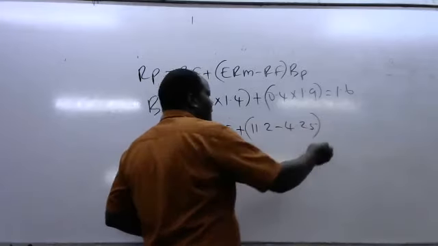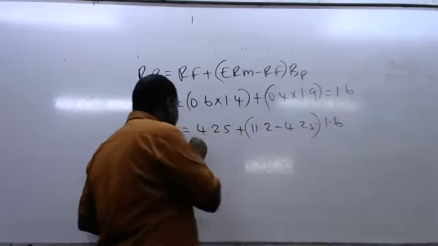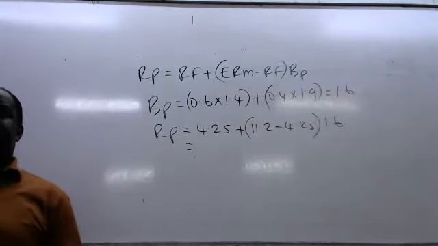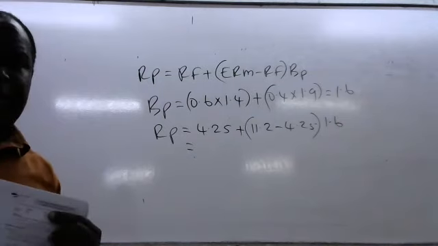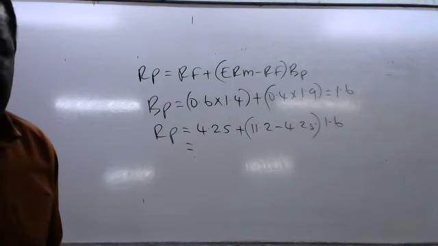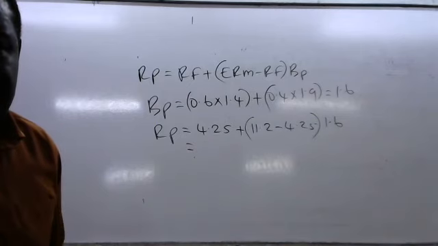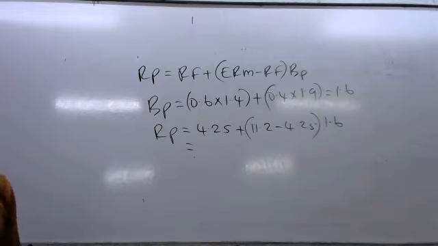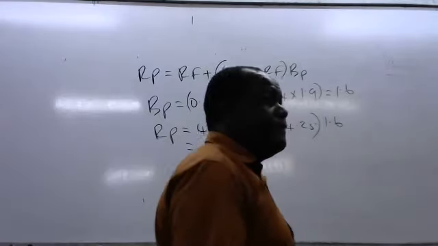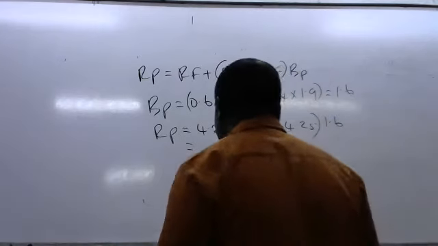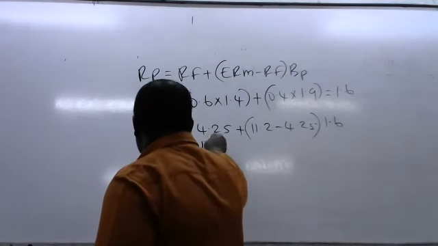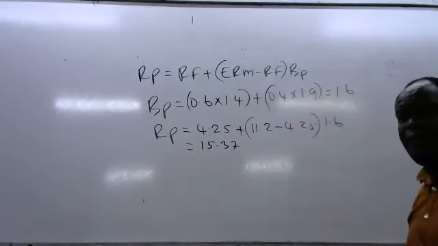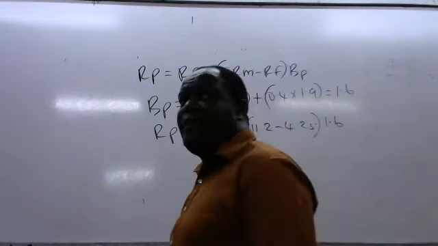And now the beta factor is 1.6, like that. The beta factor is 1.6 to give you the return of the portfolio, 15.37. Yeah, so now once you get that value, we now compute the alpha value.